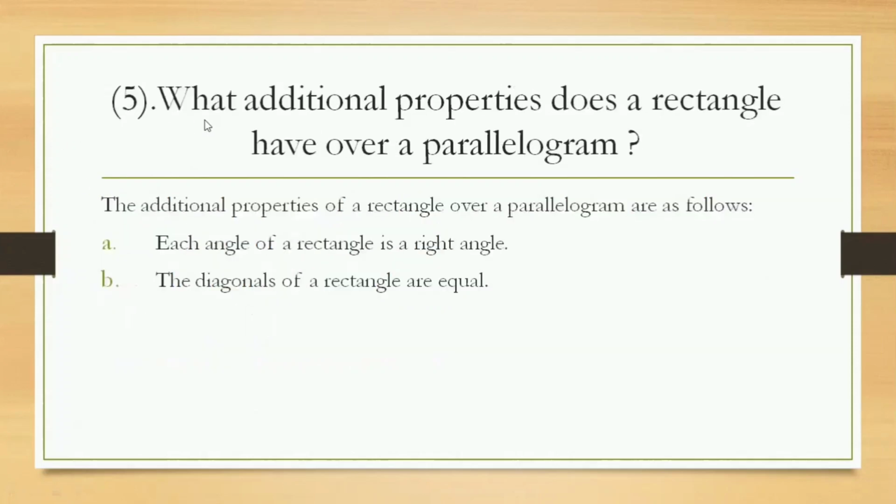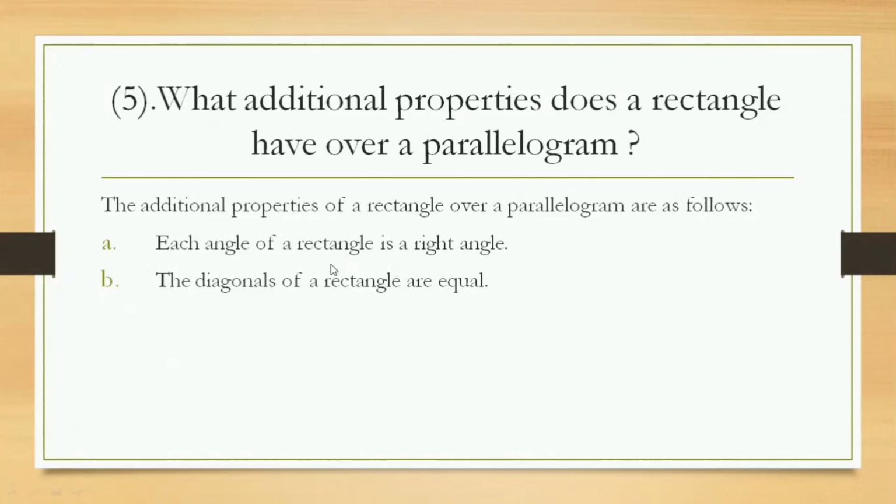And what additional properties does a rectangle have over a parallelogram? The additional properties of a rectangle over a parallelogram are as follows. Number one, each angle of a rectangle is a right angle. The diagonals of a rectangle are equal.